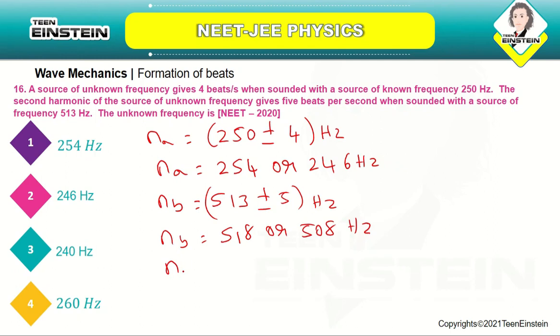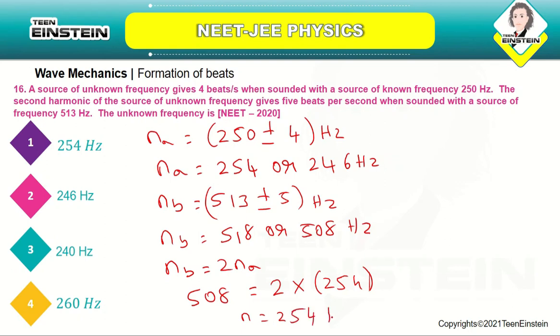Okay, so NB is equal to 2 times NA. So 508 is equal to 2 into 254. Okay, so the N value will become 254 Hz.